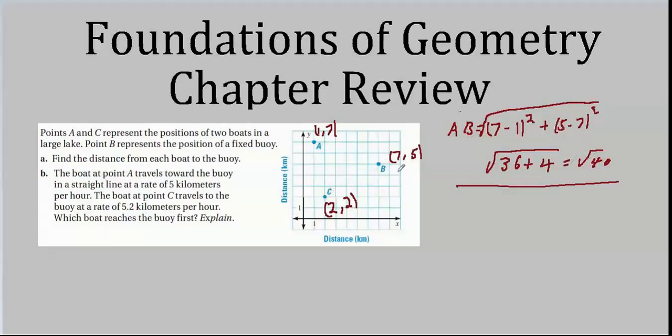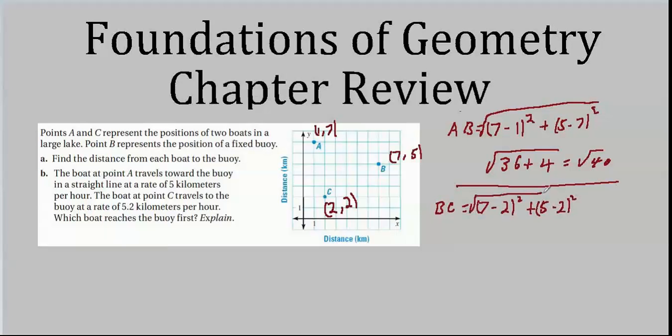What about BC? Well, that'll be 7 minus 2 squared plus 5 minus 2 squared.